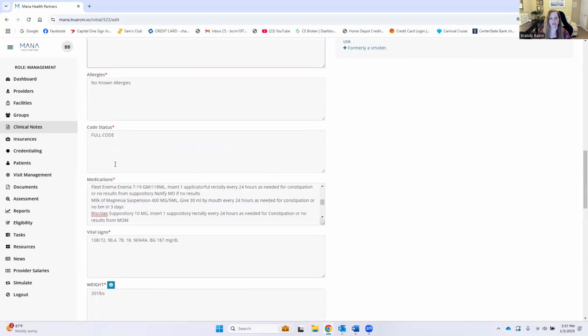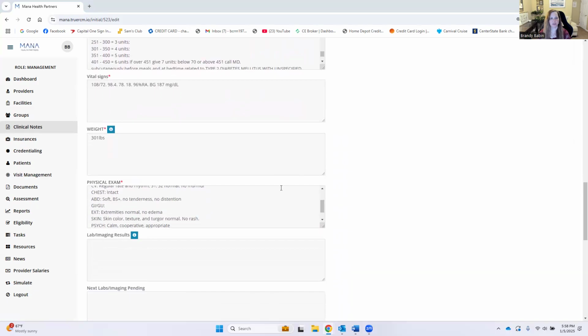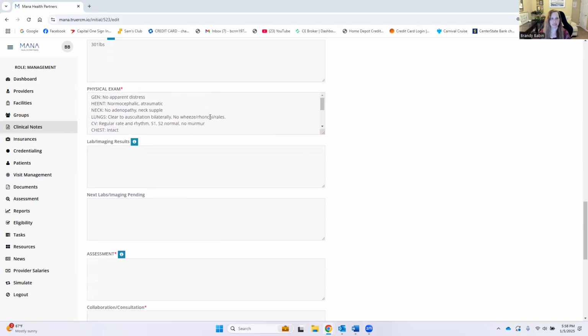Again, allergies and the code status come from the progress note. Your vital signs come from the progress notes, as does your weight. Your physical exam, if you click on it, there are snippets there.